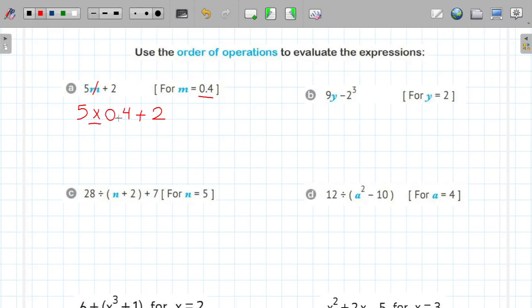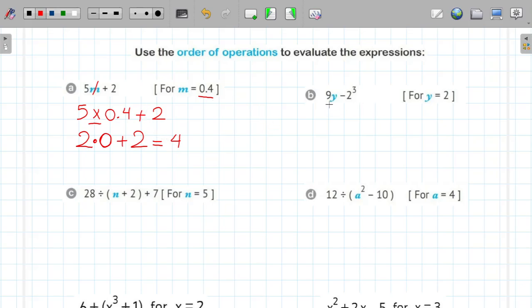So 5 times 0.4, like 5 times 4 equals 20, and I will put the decimal point after one digit, so it will be 2.0, and all of these plus 2. So it's like 2 plus 2 equals 4. So the value of the entire expression here for m equals 0.4 is 4.